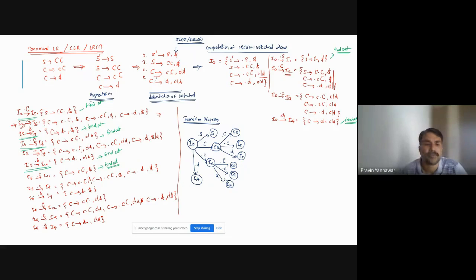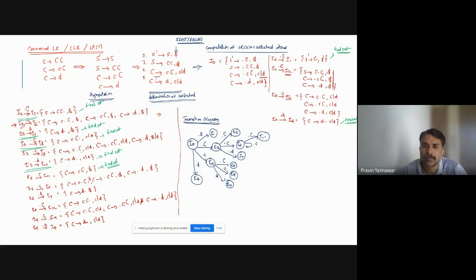Fine. Then with I4 I cannot go. With I7 I cannot go. Okay, but with I6 I can go. With I6, if I go with dot capital C, you will find that I'm going to I11, right? Then I6 with small c will take me to I6 itself.